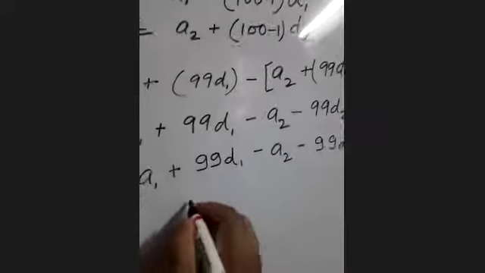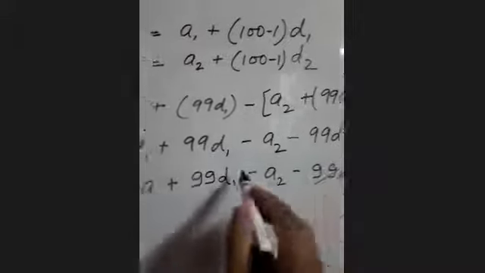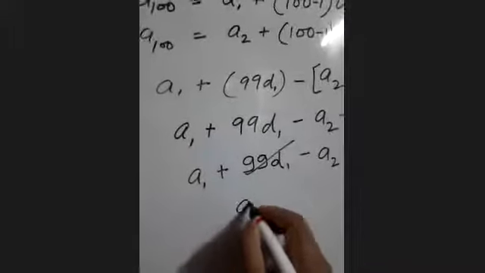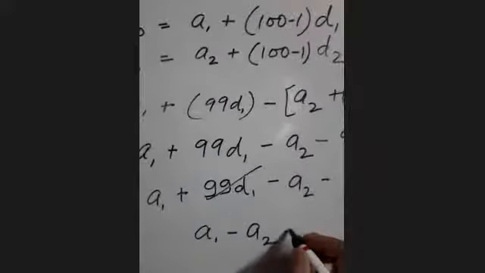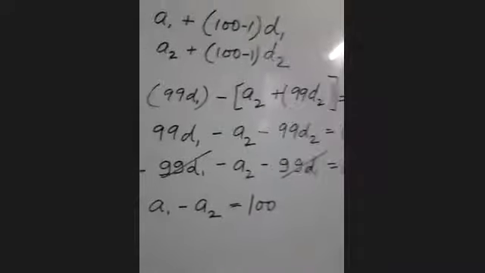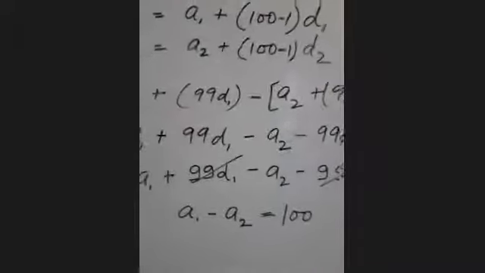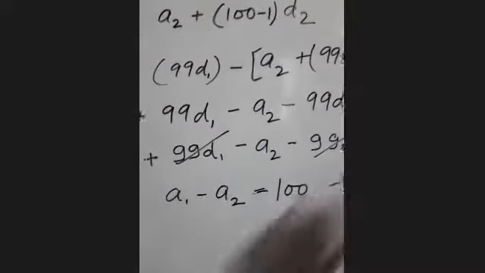Now that 99 D1 and that 99 D1 will be cancelling with each other. So that will become A1 minus A2 equals 100. This is equation number 1.